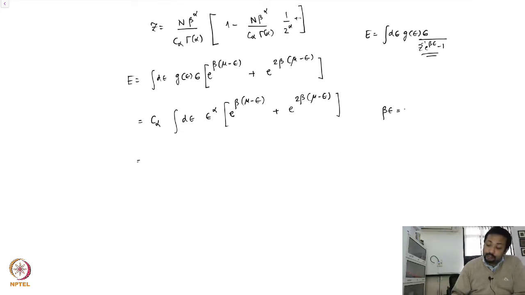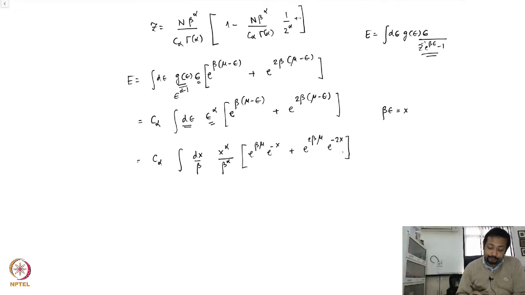Now again the standard trick is to put βε equal to x, and you have c_α, and you will have 1 by β that comes from the measure, so that this becomes dx over β, x^α over β^α, since g(ε) goes as ε^{α−1} and I have a factor of ε sitting, so that this becomes ε^α e^{βμ} e^{−x} + e^{2βμ} e^{−2x}.